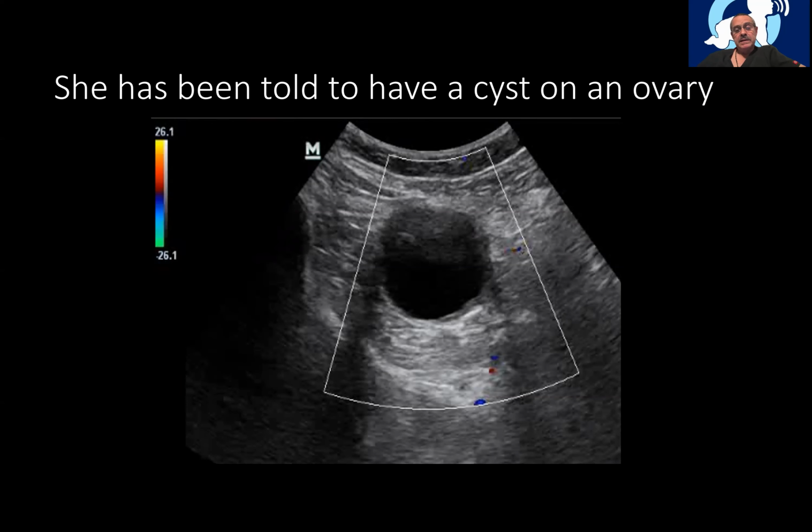Then this lady, somebody performed an ultrasound examination on her and said, "You have a cyst on an ovary." Well, in order to say you have a cyst in an ovary, you must see the ovary and see the cyst and relate it to the ovary.